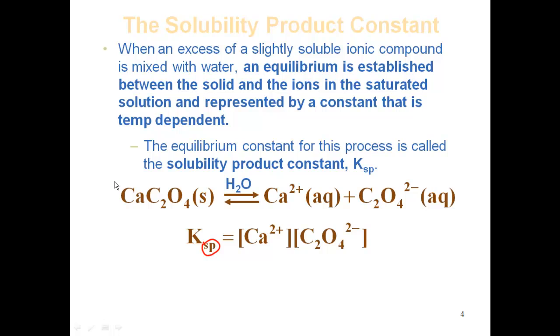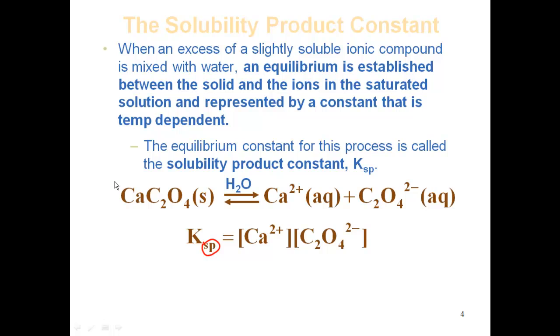Now, this solubility product constant is the relationship of the amount of ions in solution. If I have a saturated solution and I know the concentration of calcium and the concentration of oxalate and I multiply the two, it's going to give me this KSP value.